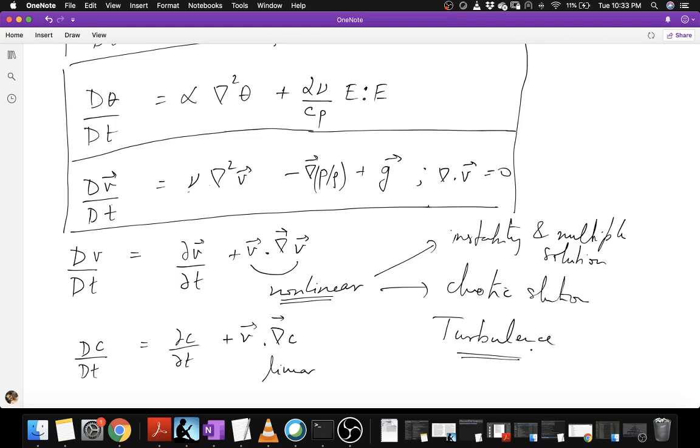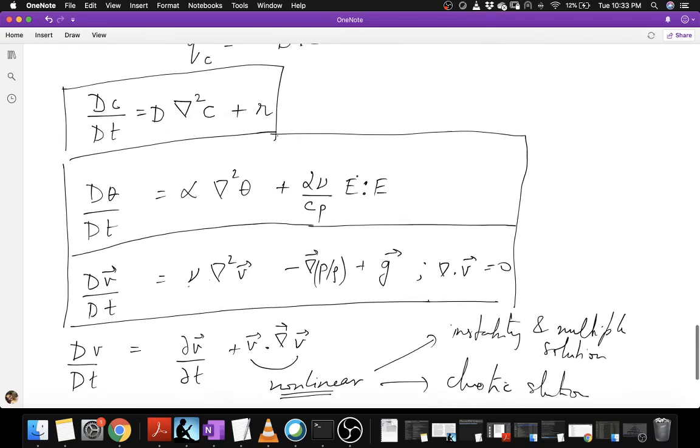So all of the richness of transport phenomena in a sense really is due to the nonlinear term in the Navier-Stokes equations, and this nonlinearity leads to complexity in flow, which then of course impacts the distribution of the temperature field and the concentration field. And this is what makes transport phenomena a rich and vibrant subject.